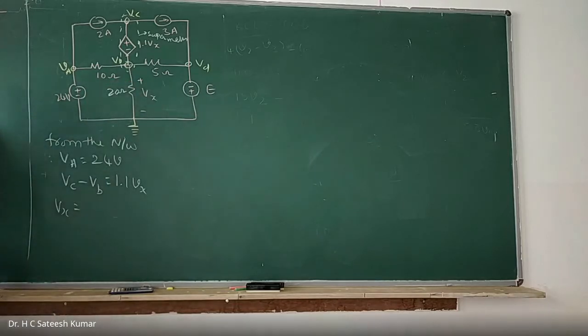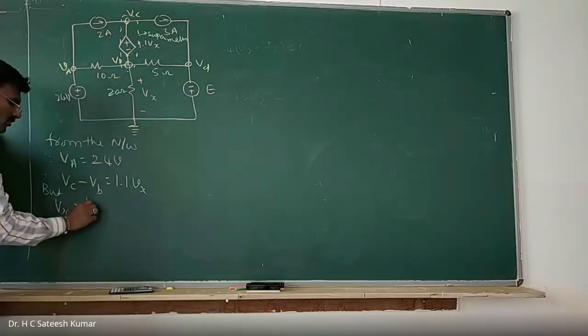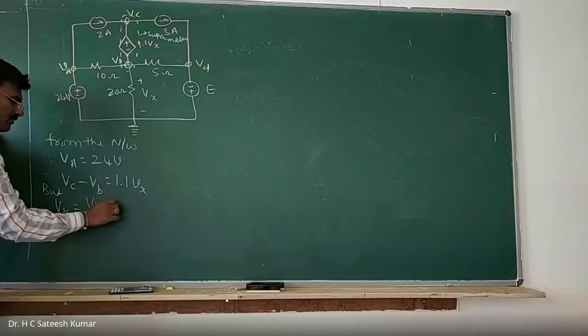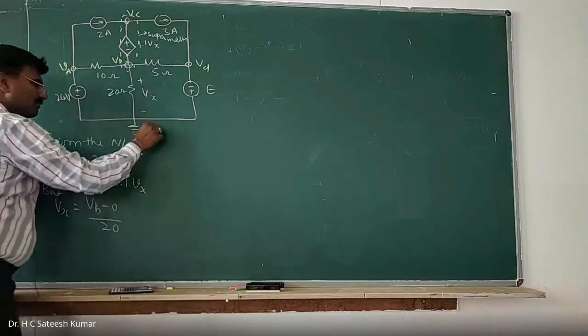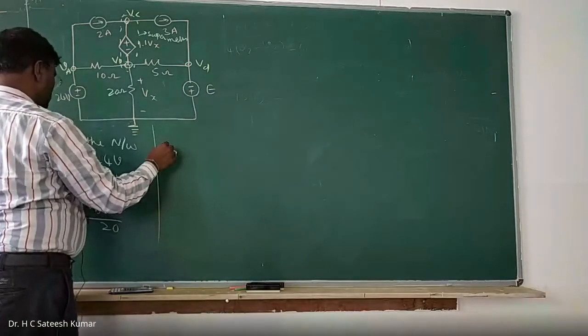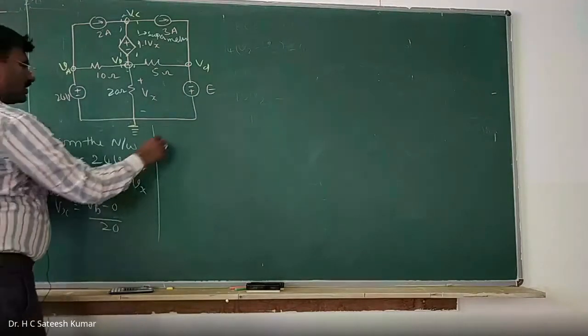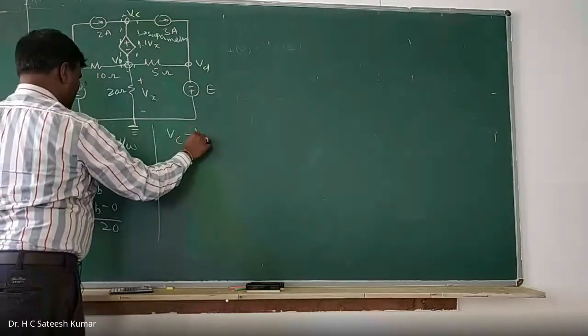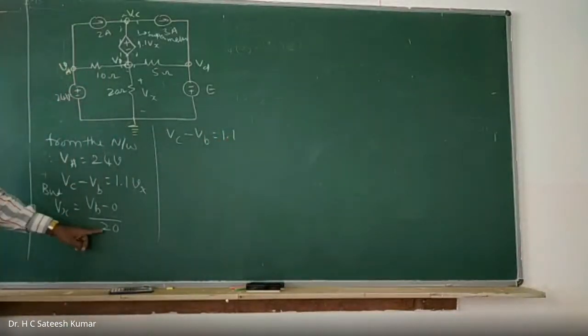Vx is equal to VB minus 0 divided by 20. Substitute in this equation, we get VC minus VB is equal to 1.1 times VB by 20.